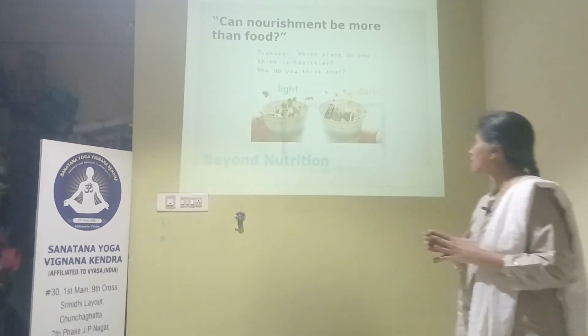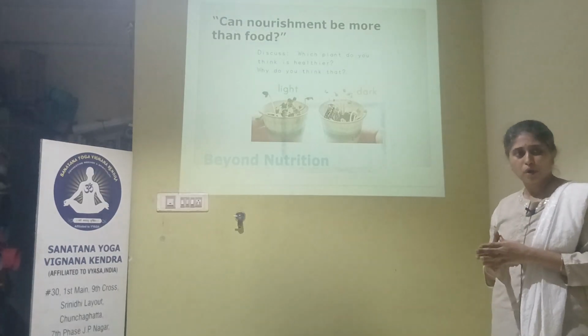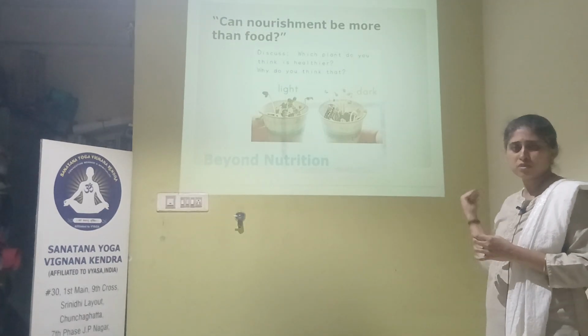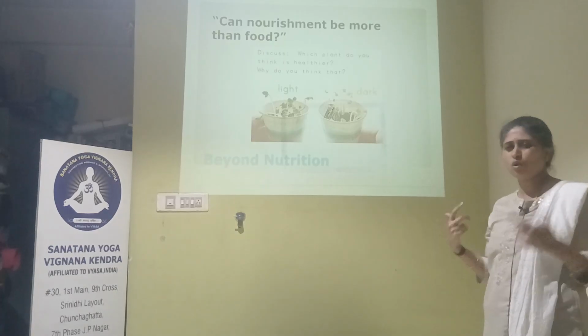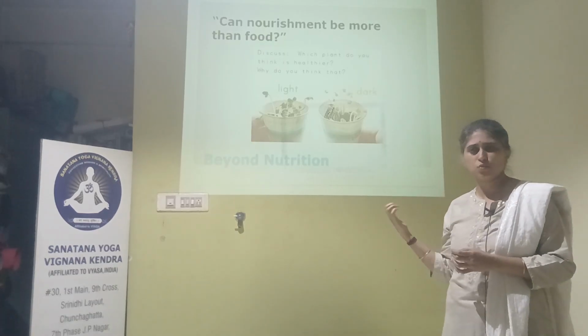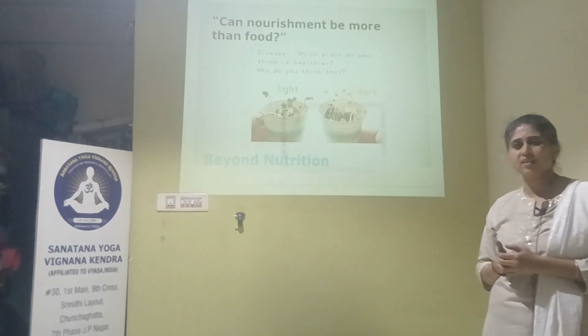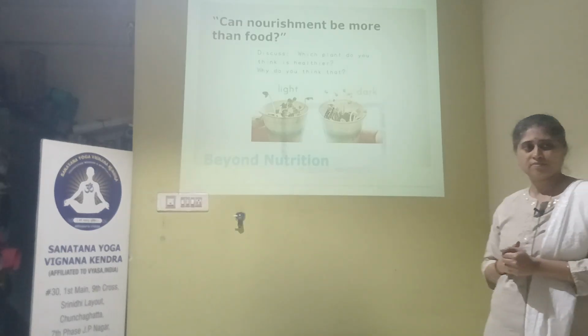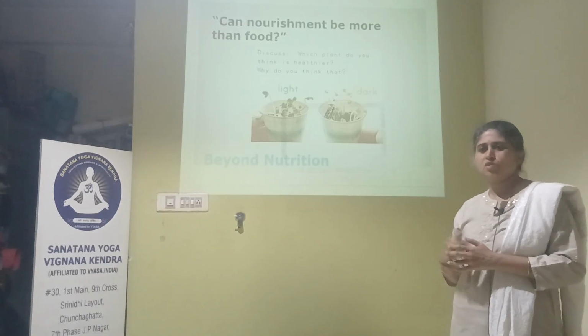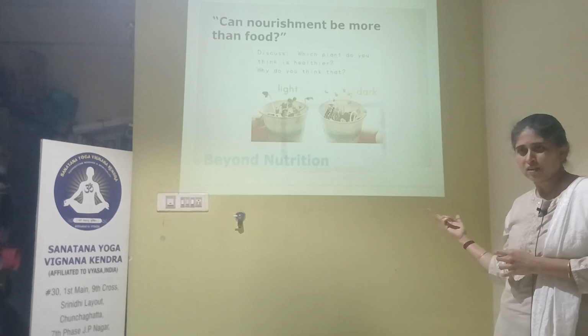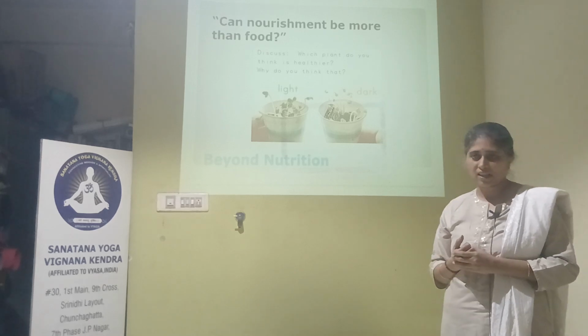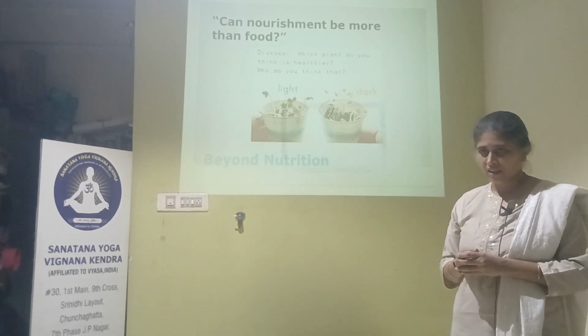You already know this example, right? What do you see here? Anybody can say voluntarily, no problem. You have seen this from your young days, right? There are two jars, with green plants.